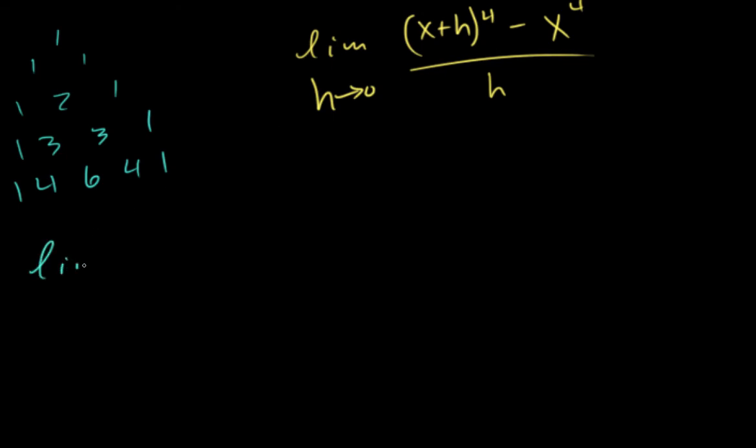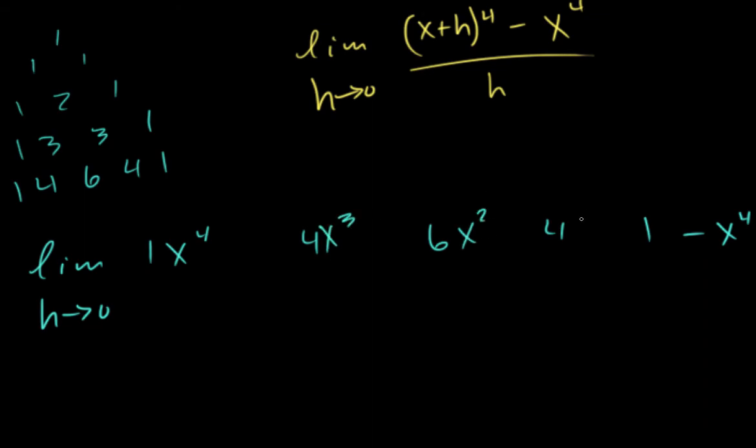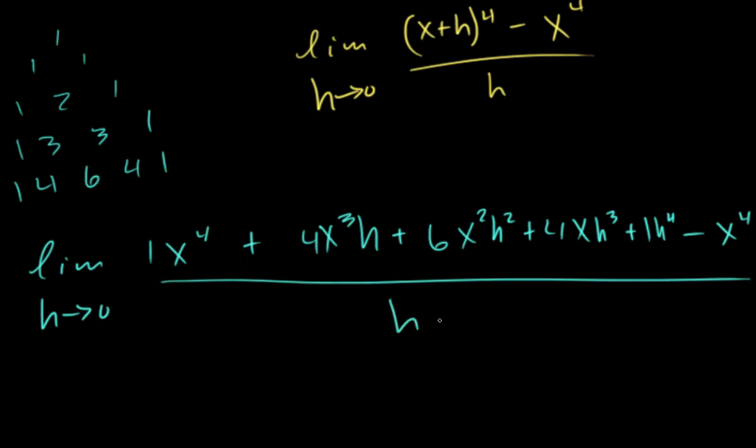So we have the limit as h approaches 0, and then I have x to the fourth, well, here, 1, 4, 6, 4, 1, minus x to the fourth right here. x to the third, x squared, x. Then we have h to the fourth, h to the third, h squared, h, no h, and then h is down there. Okay, so this is going to cancel this.